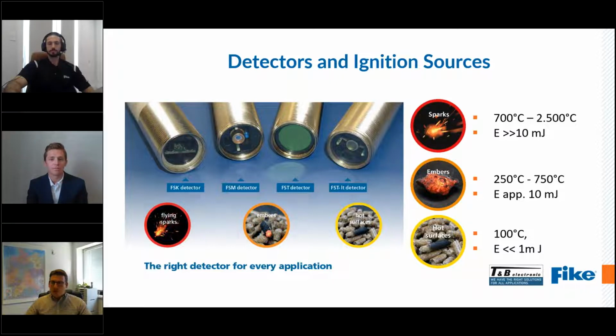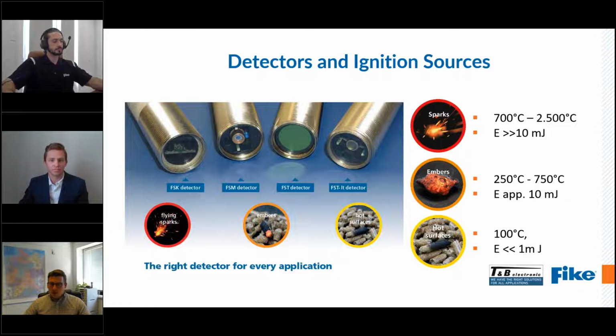Then we have embers. Embers have a temperature of 250 degrees up to 750 degrees, and the energy is about 10 millijoule. Last but not least, we have hot surfaces with a temperature of about 100 degrees. There we see an energy of 1 millijoule.